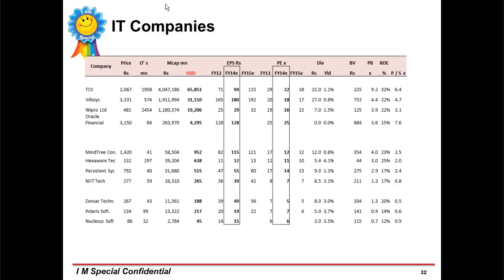Then in the second category we have mid cap stocks, which include Mindtree, market cap is 950 million, Hexaware market cap 640 million, Persistent 500 million plus, NIIT Technologies 250 million plus. And in the last category we have 3 small cap stocks. Zensar market cap less than 200 million, Polaris again 215 million, and Nucleus Software 45 million.